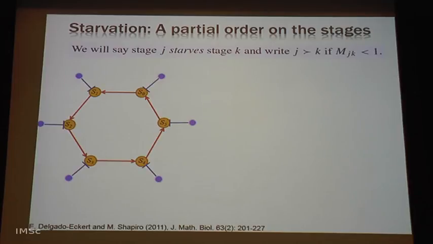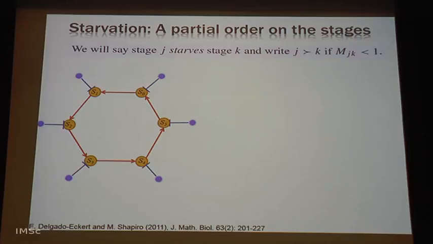Something that we found when we created this model is that you can actually order the different stages of the infection according to what is called in mathematics a partial order. Are you familiar with the notion of a partial order? So partial order is basically the mathematical description of what we do every day when we have a series of objects and we try to order them, for instance, by importance, or for instance by the date.